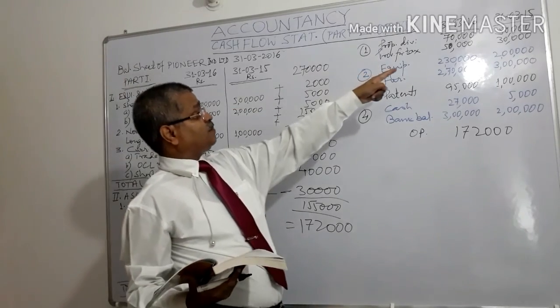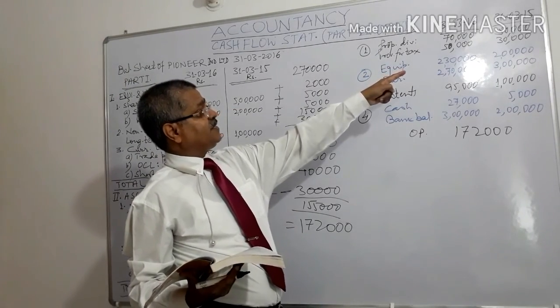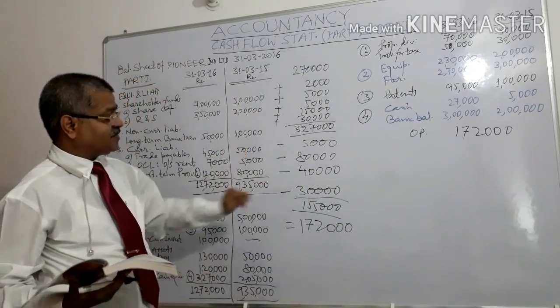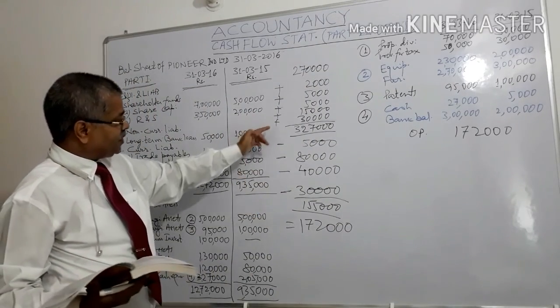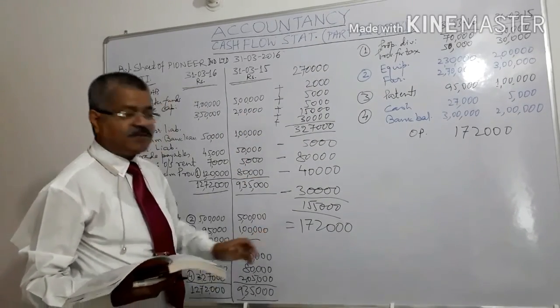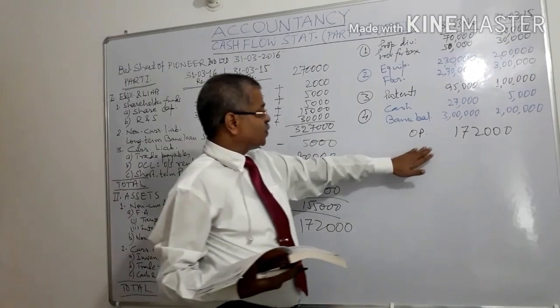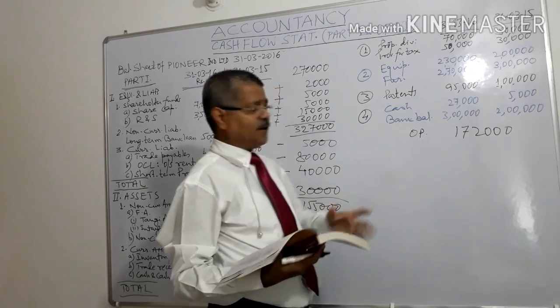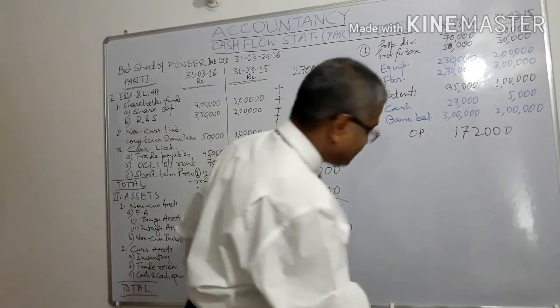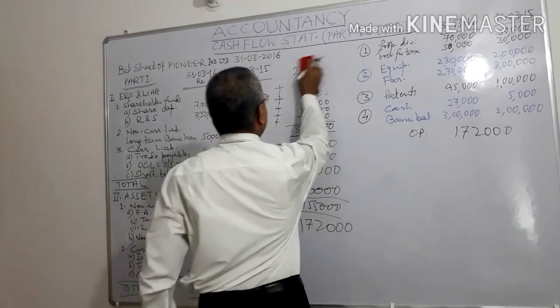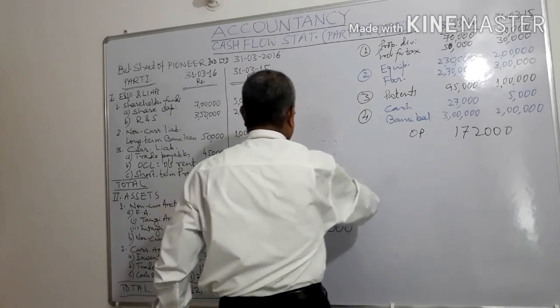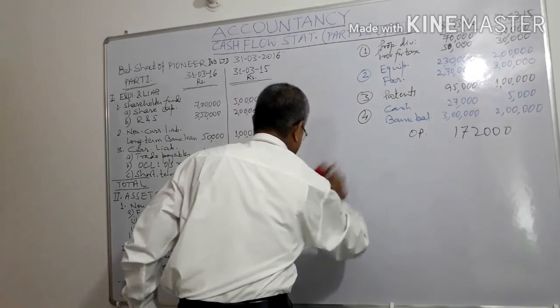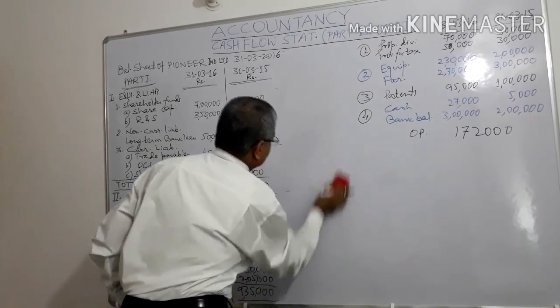So whatever was the provision for taxation of last year, it has been presumed to be paid this year. So 327 minus 155 is equal to 172,000. So operating cash flow from operating activities is 172,000, right?